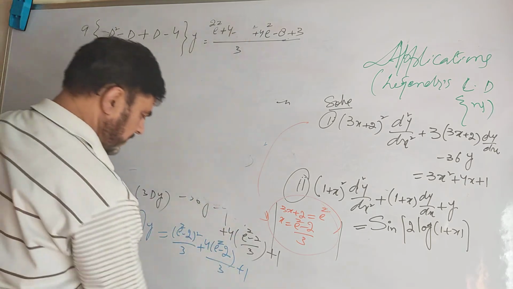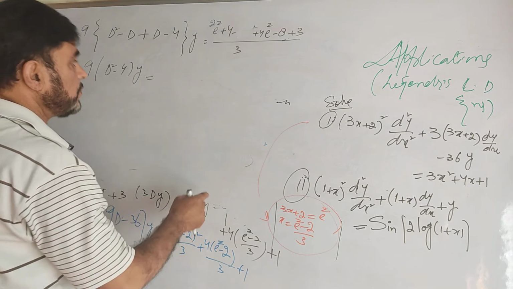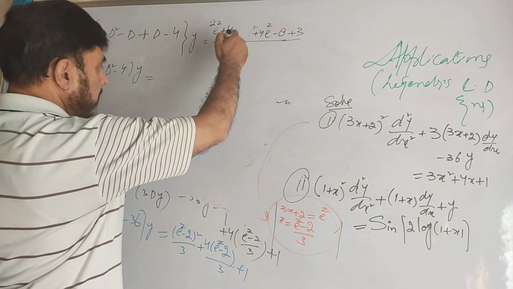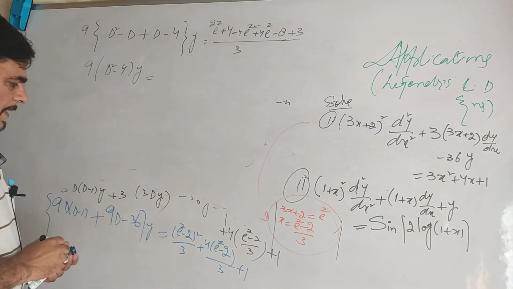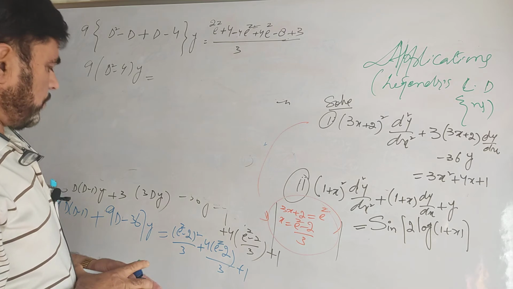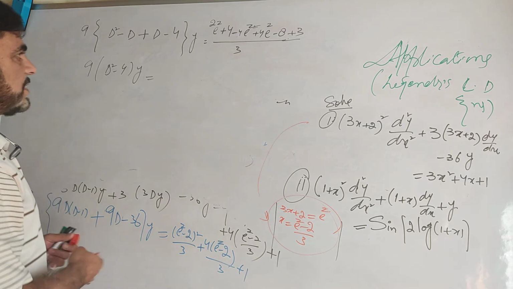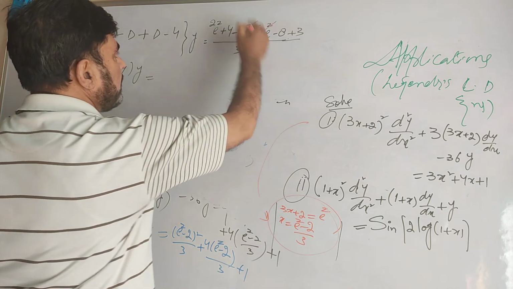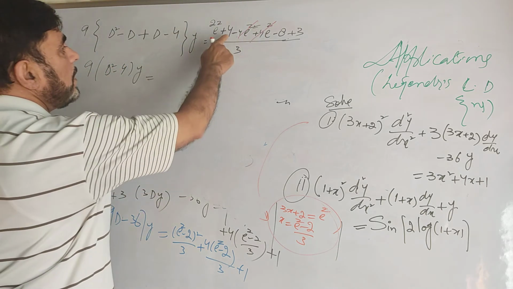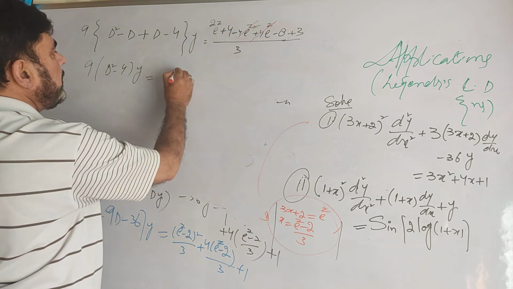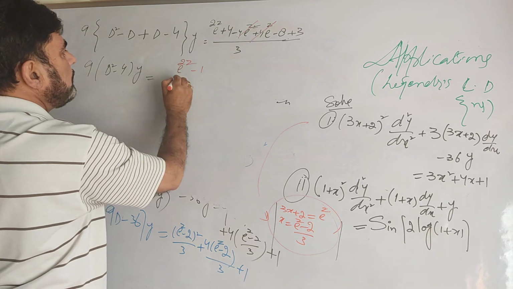A square plus b square minus 2, 2s are 4, minus 4 e raised power z only. e raised power 2z plus 4 minus 4 e raised power z plus 4 e raised power z. Well, this is your e raised power 2z minus 1 by 3.